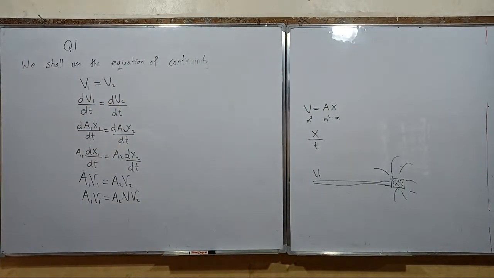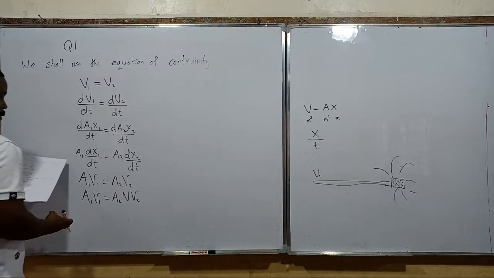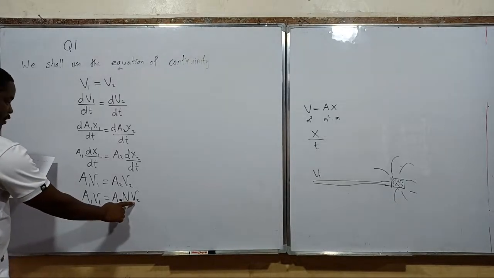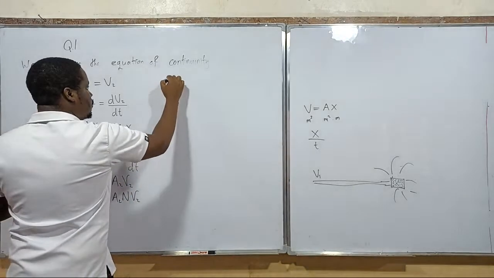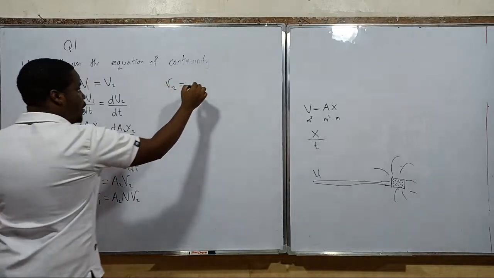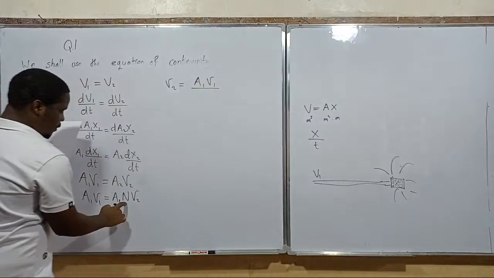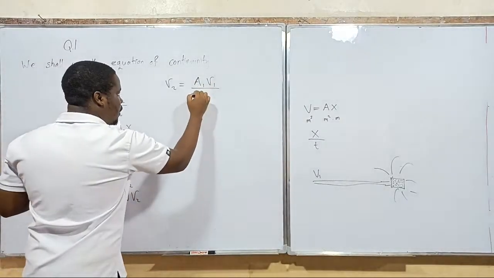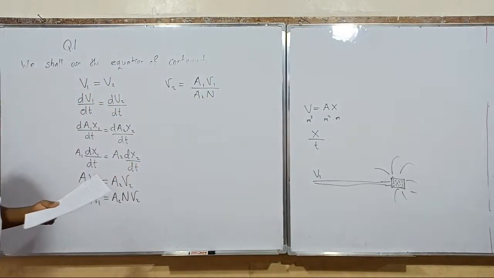So the formula of area is simply pi r squared. So let's do the substitutions. Remember we're looking for velocity 2, so let's make it the subject by dividing both sides by these, so velocity 2 will be equal to area 1 velocity 1, divided by area 2 and the number of holes n.